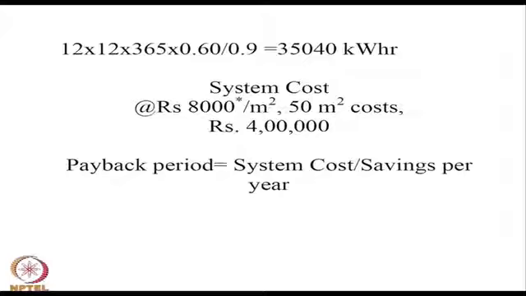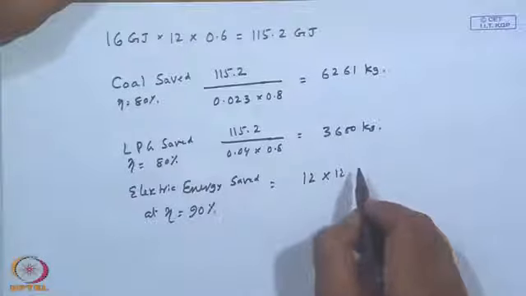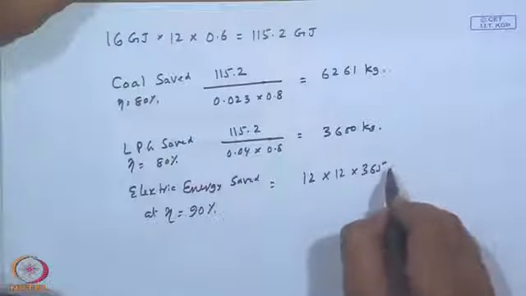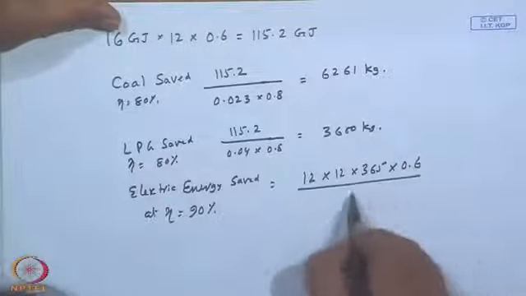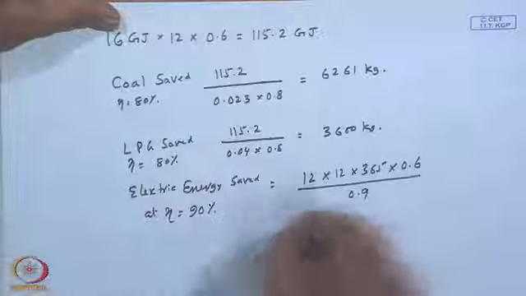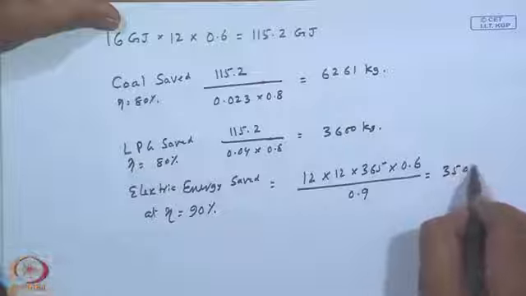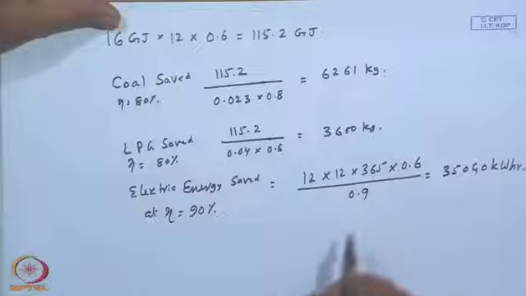For electricity, this will be a little higher. It will be equal to 12 kilowatts for 12 hours a day, multiplied by 365, multiplied by the solar load fraction 0.6, divided by efficiency 0.9. This will be equal to 35040 kilowatt hours.